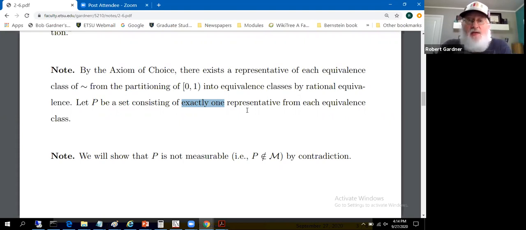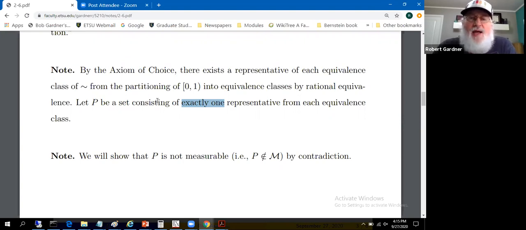So one of the equivalence classes is the rational numbers in the interval 0 to 1. The axiom of choice will guarantee a choice function that picks one of those rational numbers. Okay, so there's one rational number in P, exactly one, in fact. All the other entries are irrational.